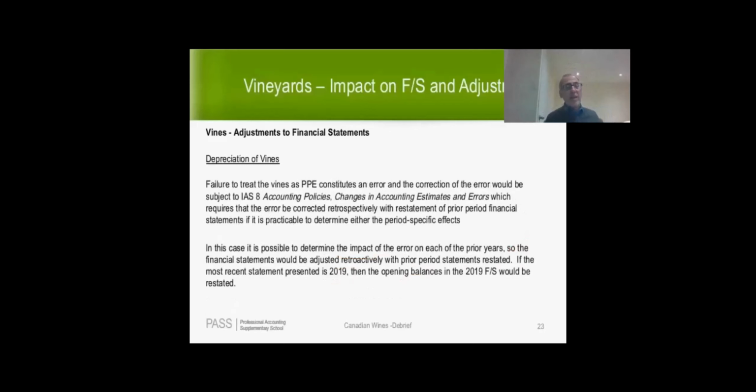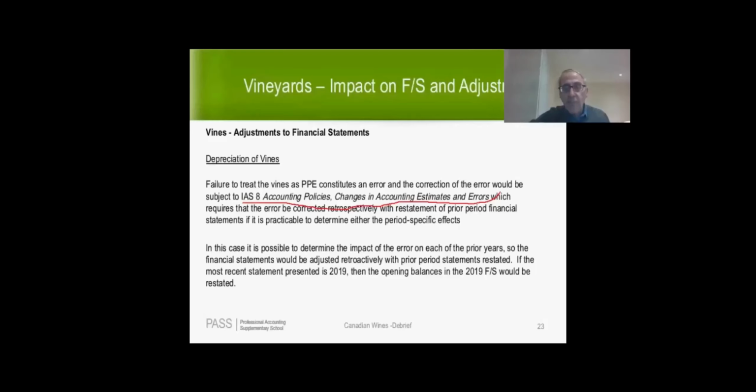Now, the failure to take depreciation, you'd have to ask yourself, what exactly is that for accounting purposes? And here is where you needed to be familiar with IES 8, which deals with accounting policy, changes in accounting estimates, and errors. Guys, this would be considered an error. They should not have accounted for the vines as a biological asset.